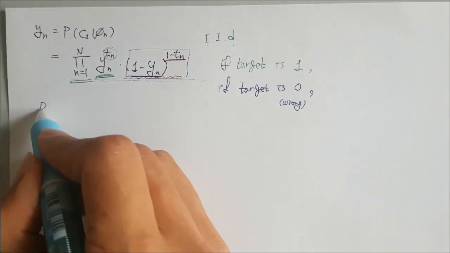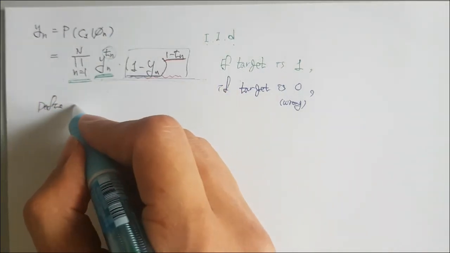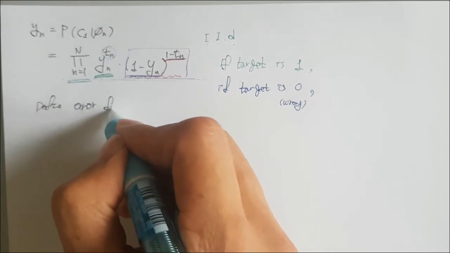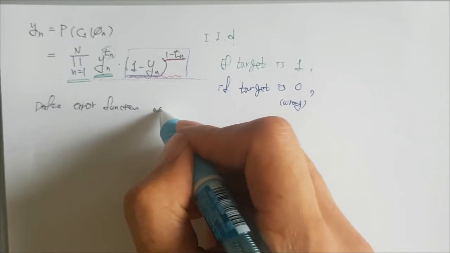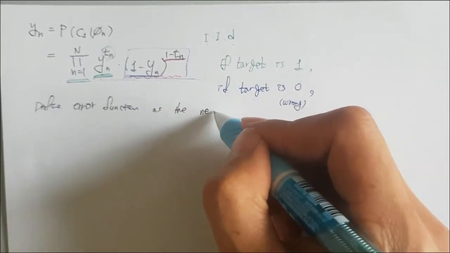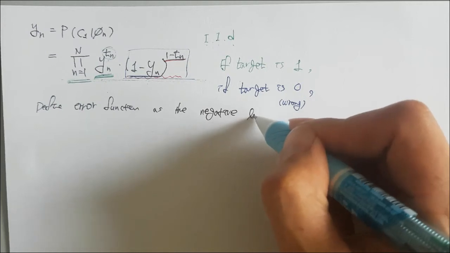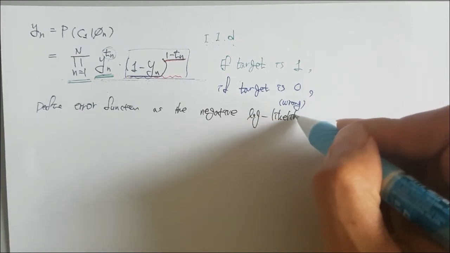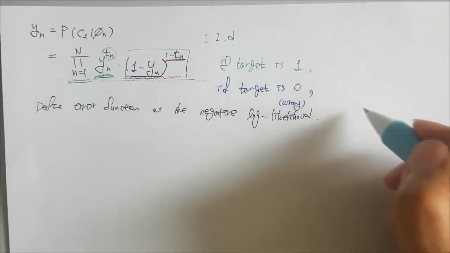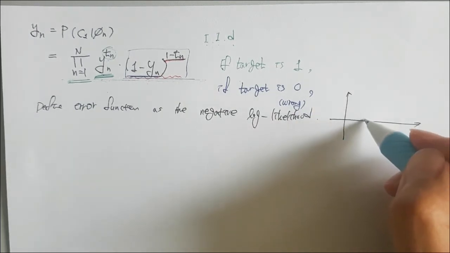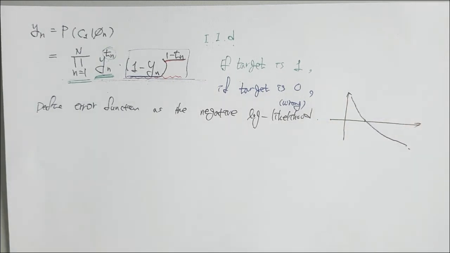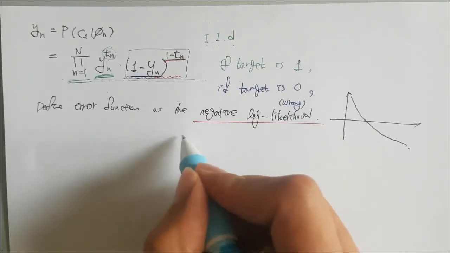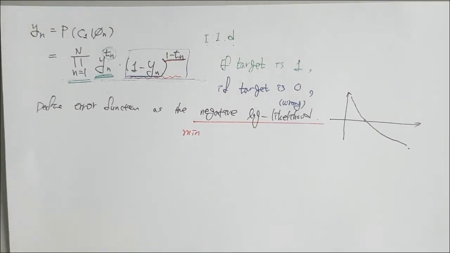So I will define the error function as the negative log likelihood, because log likelihood has this shape. So if we minimize this negative log likelihood, that means we can maximize the probability, our original function.